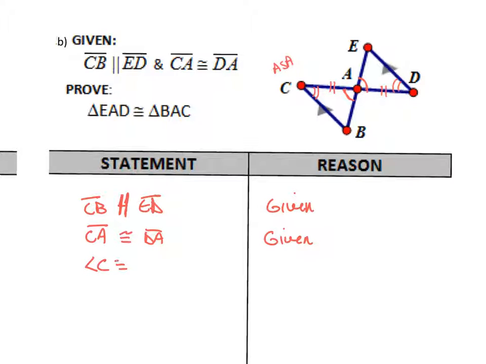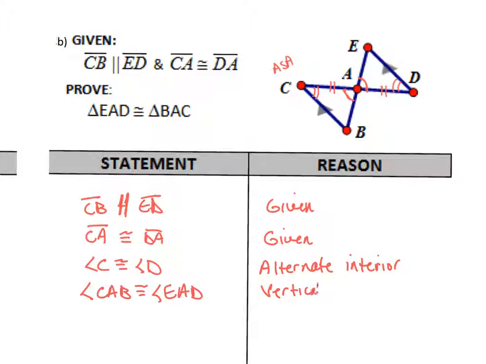Angle C is congruent to angle D because it's alternate interior. And I have angle CAB is congruent to angle EAD because they're vertical angles. So therefore the two triangles are congruent by angle, side, angle. So triangle EAD is congruent to triangle BAC because of angle, side, angle.